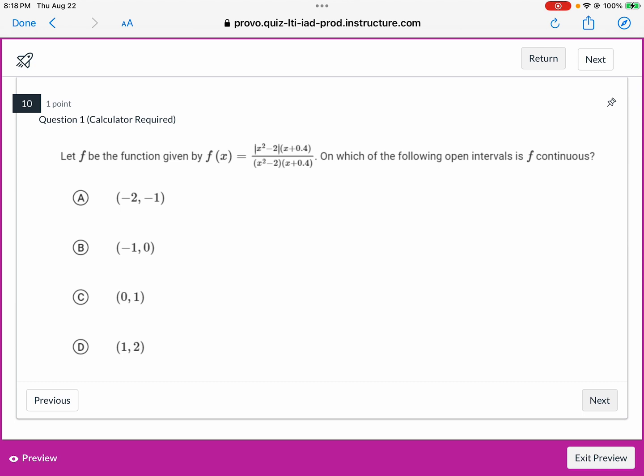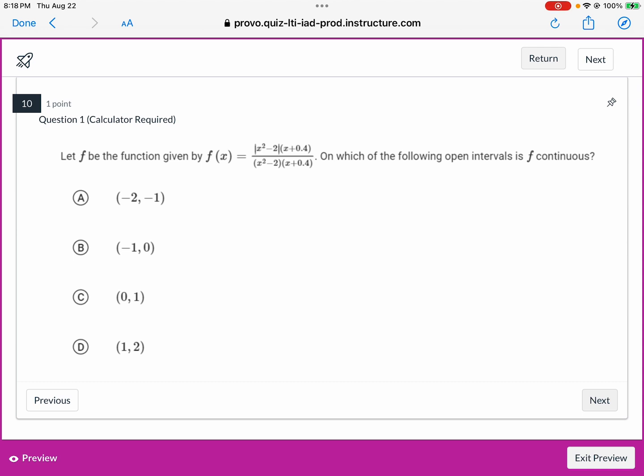Then you can also see that there's going to be a hole because you have a factor of x plus 0.4 in the numerator and the denominator. So there has to be a hole at x equals negative 0.4. And so you have all three of these values: x equals plus the square root of 2, x equals minus the square root of 2, and x equals negative 0.4, where you have domain restrictions.